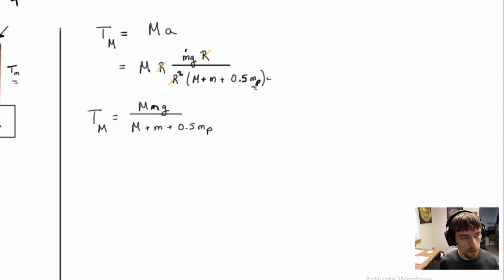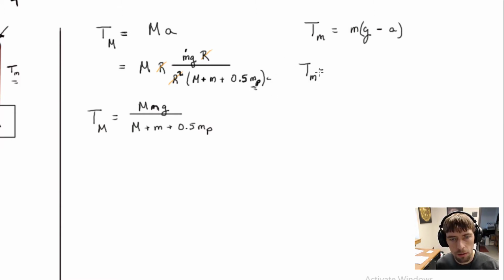Let's go ahead and do it for the small one, just for kicks. T little m equals little m g minus a. This is going to be uglier, right? Ugh. T m equals m g minus, what we'll end up with here?